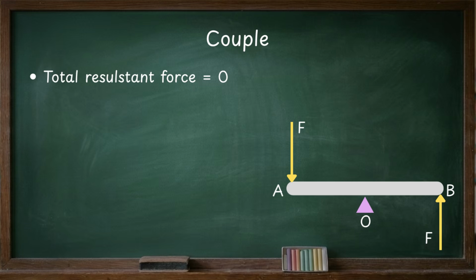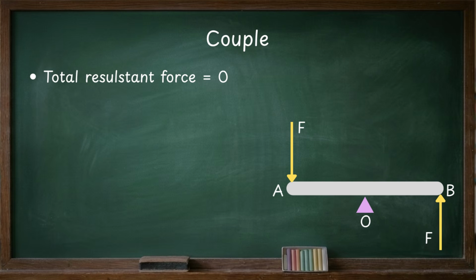This means their total resultant force is 0, so the bar cannot slide or move in a straight line. But because they act at different points, they both pull and push the bar to turn it in the exact same direction. In this case, they both make the bar spin anti-clockwise.